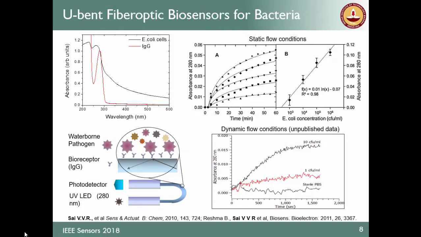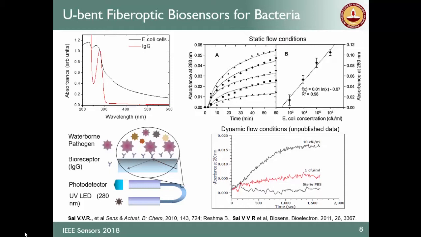We also exploited the intrinsic properties of bacteria to realize bacteria sensors. Proteins and bacteria do have an absorption peak around 280 nanometers.